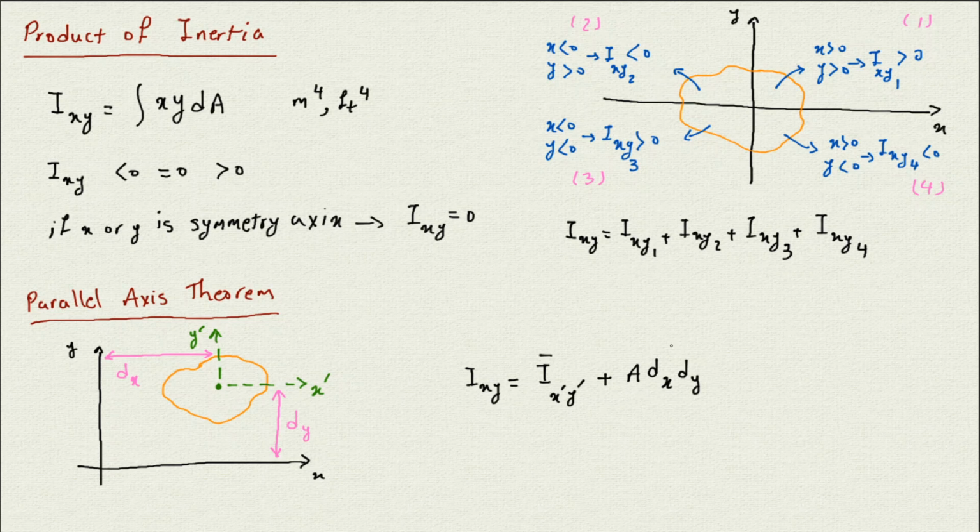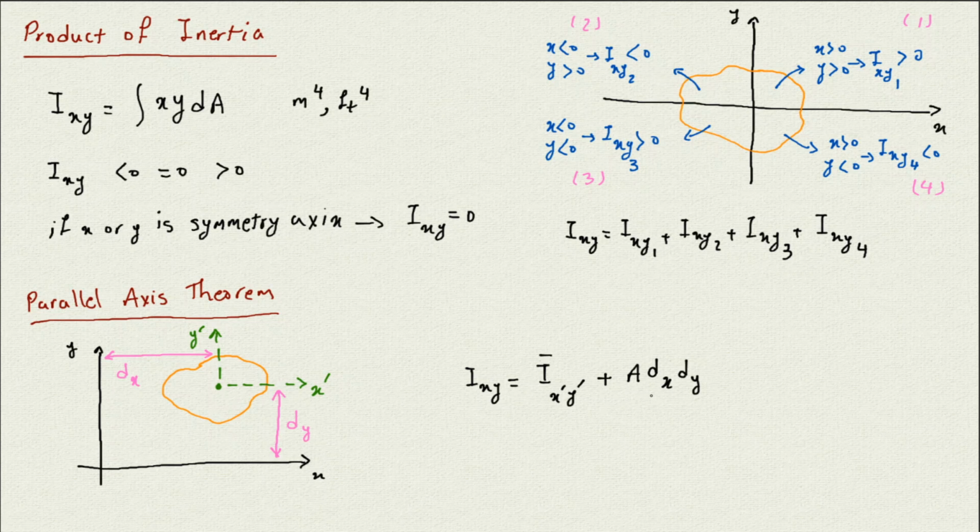Unlike what we worked with for the moment of inertia, where instead of dx dy we had either dx squared or dy squared, so we didn't need to worry about the sign of d sub x or d sub y, here we have to keep the sign.